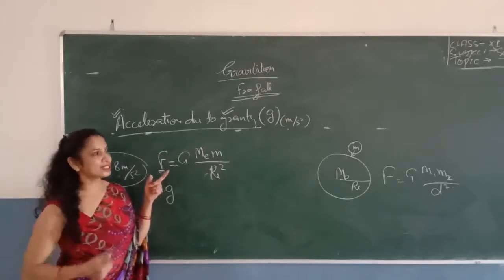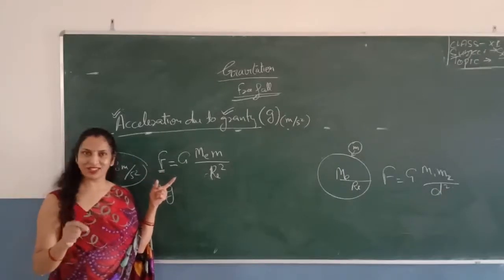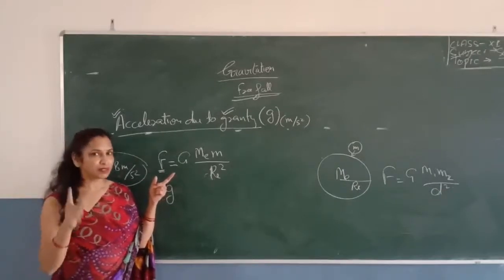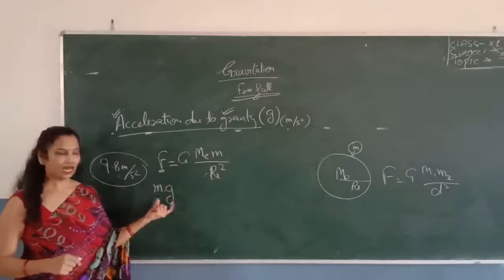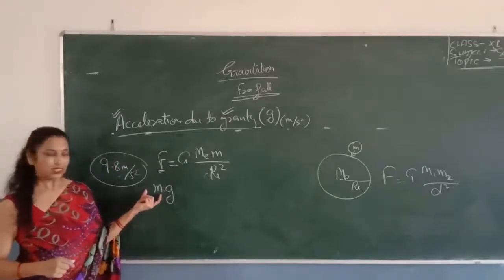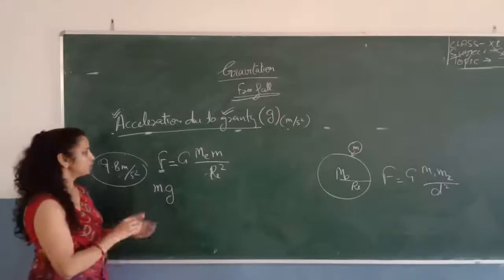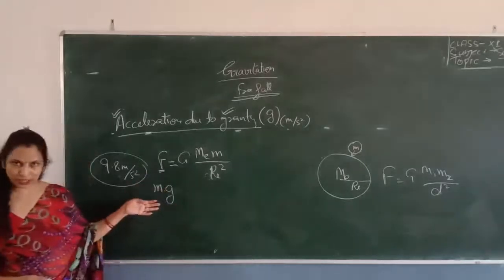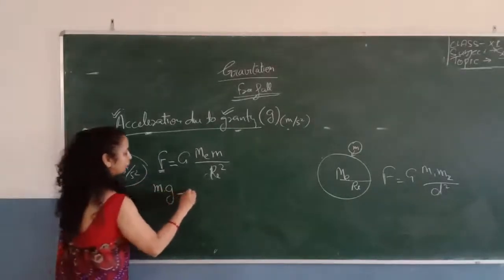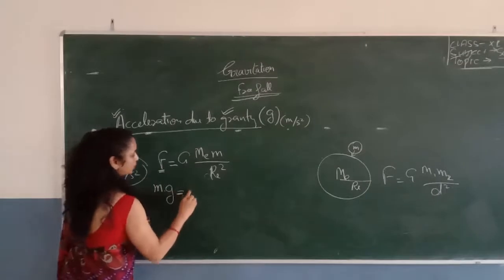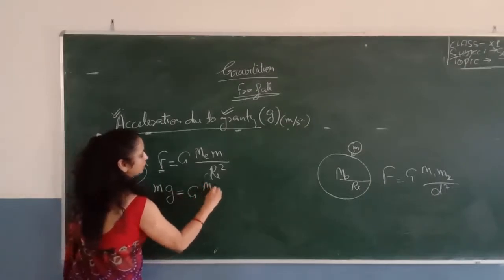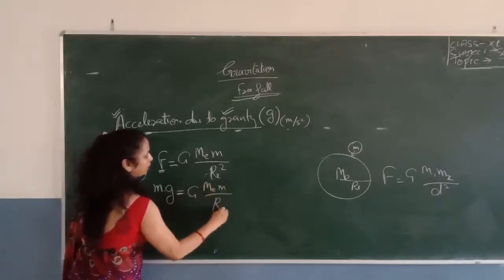Now in this case, the acceleration produced in the body is due to gravity, so we are representing it by g. And this is the mass of the object. So let's put the value of F is equal to m into g here. We will get m into g equals G M m upon R e square.